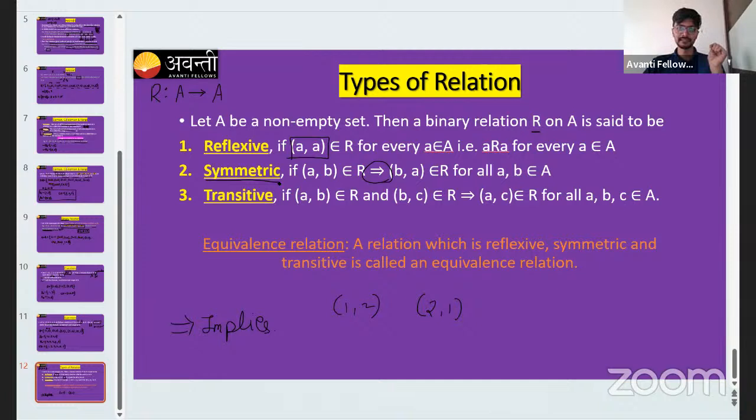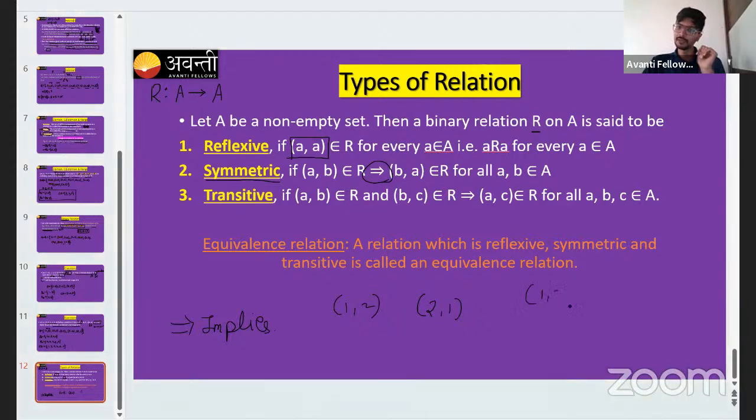And what is a transitive relation? A transitive relation is if (a, b) is present in the relation and (b, c) is present in the relation, then (a, c) is present in the relation, meaning it is a transitive relation. Let me go through this with an example.